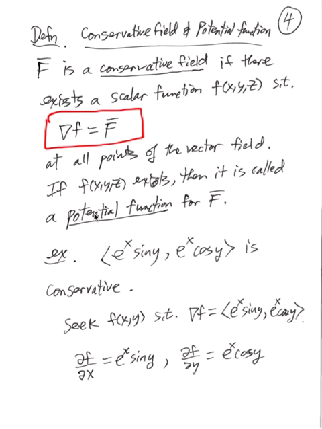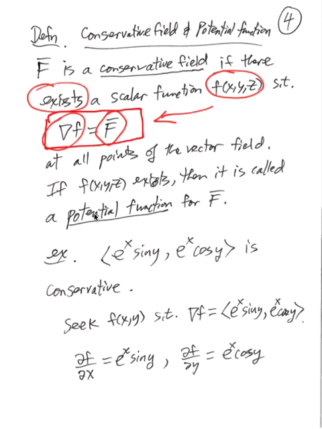Conservative fields and a potential function. What does it mean to be a conservative field? F is a conservative field if it is induced by a scalar function. In other words, if there actually is a scalar function f of x, y, z, or possibly just f of x, y if you're dealing with a plane, such that the vector field is actually the gradient of that scalar function, if there exists such a thing.